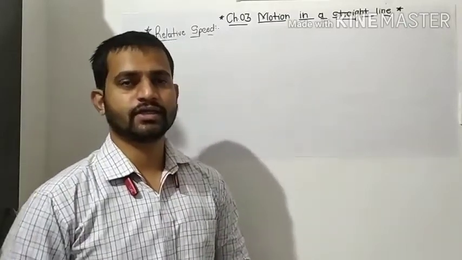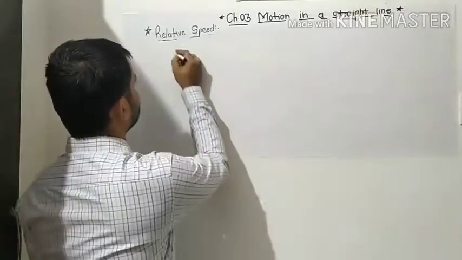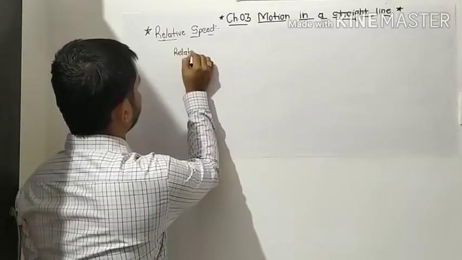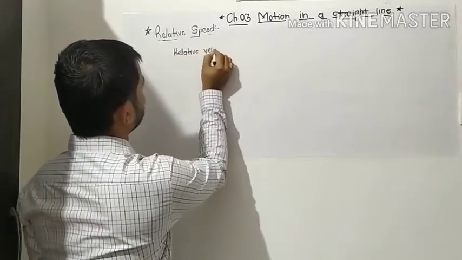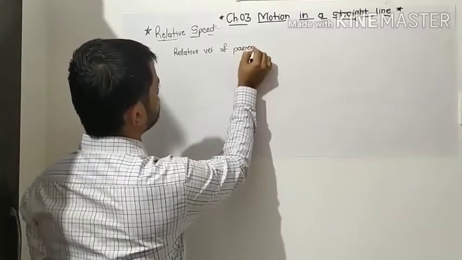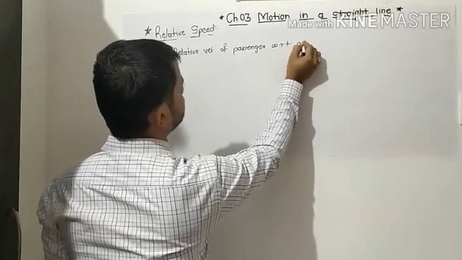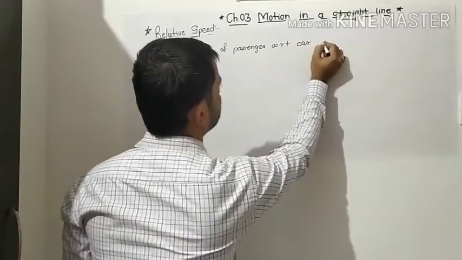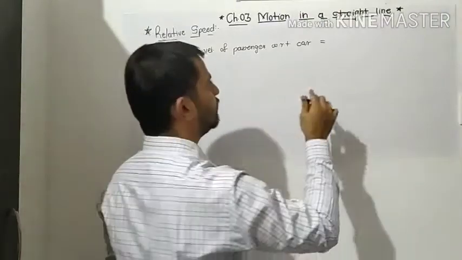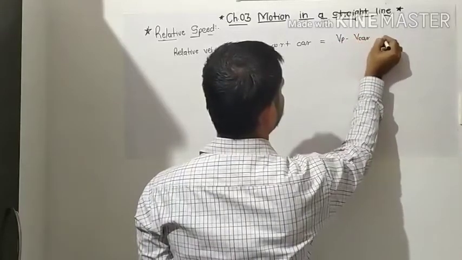So if we have to calculate the relative velocity of a passenger with respect to the car in which he is sitting, and if the car is in motion, then the relative velocity of passenger with respect to car, as the passenger is itself sitting in that car, will be Vp minus V car, okay.